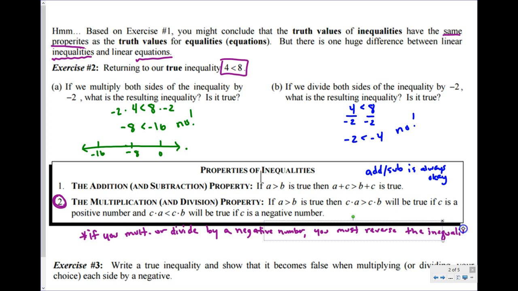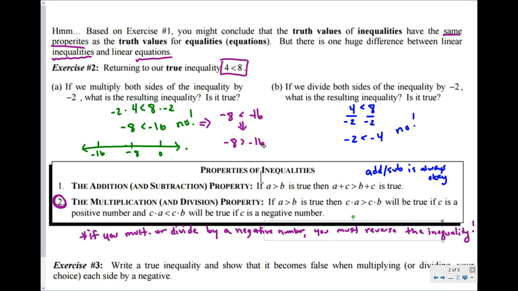Please write this down. This is very important, okay? So if I take a look at my top problem, letter A, for example, instead of saying negative 8 is less than negative 16, I would flip it and it would become negative 8 is greater than negative 16.